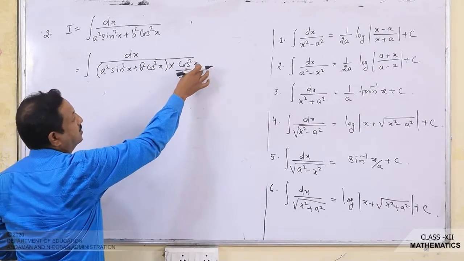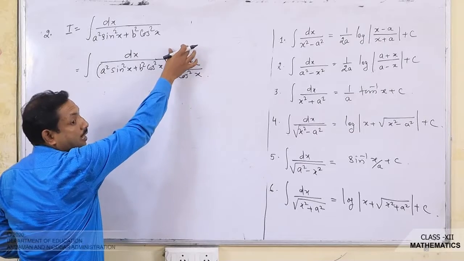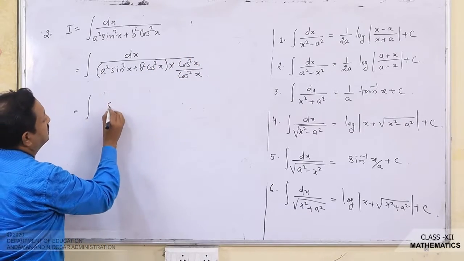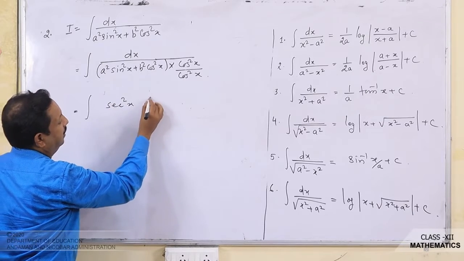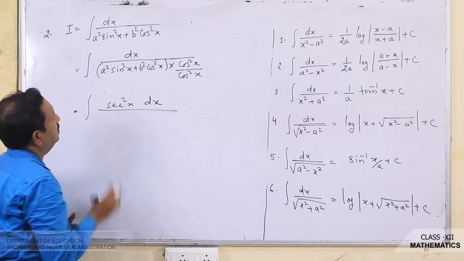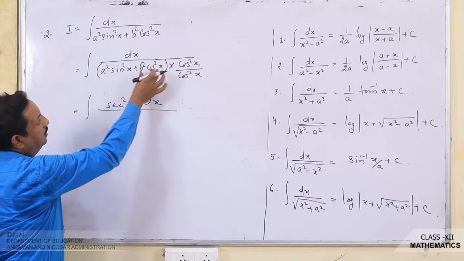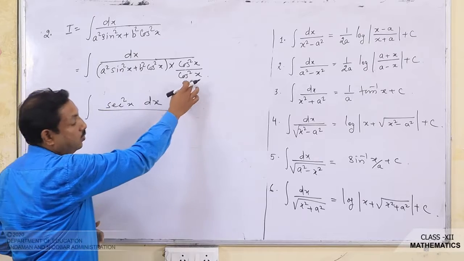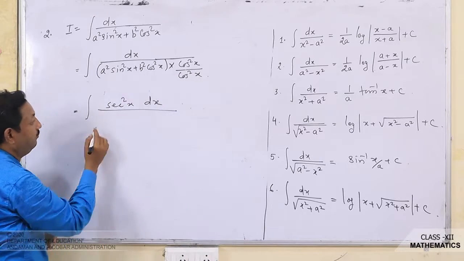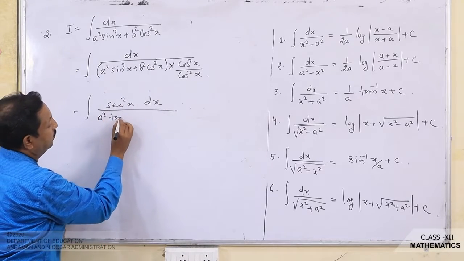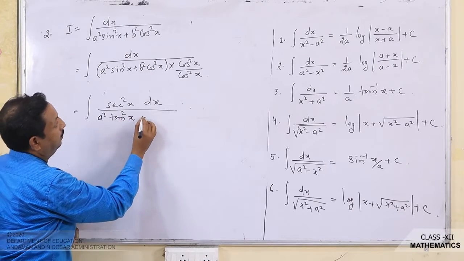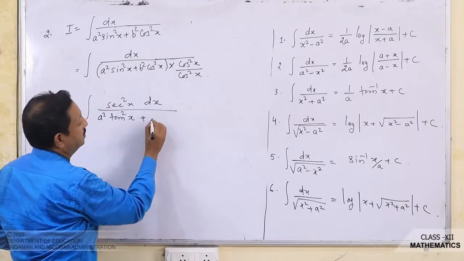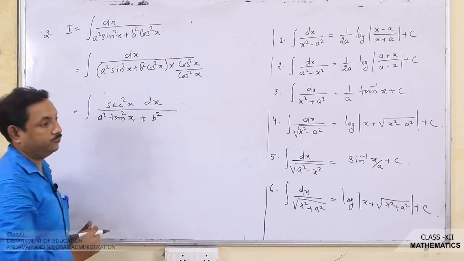This cos square x we can take in the numerator, so we will get sec square x dx. I can divide these terms by cos square x, and a square sin square x by cos square x becomes a square tan square x, and b square cos square x by cos square x is simply b square.